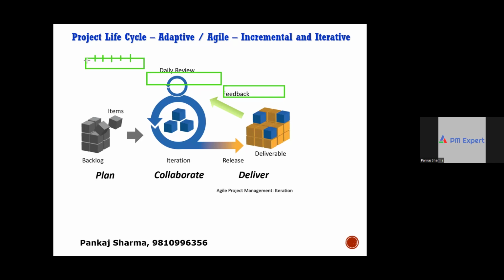The planning, reviews and retrospection will happen every sprint. So you will inspect and adapt at the sprint level rather than the phase level, because the level of uncertainty is very, very high.